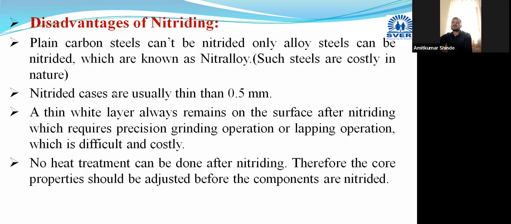Then what are the disadvantages? Already one disadvantage we have discussed. Plain carbon steels cannot be nitrided, only alloy steels can be nitrided, and those alloy steels on which we can perform the nitriding are termed as nitralloys. Now, the case depths obtained are very thin, less than 0.5 millimeter, which is again a disadvantage.